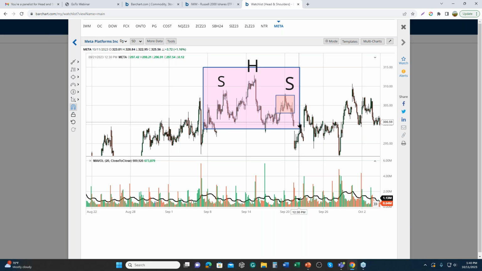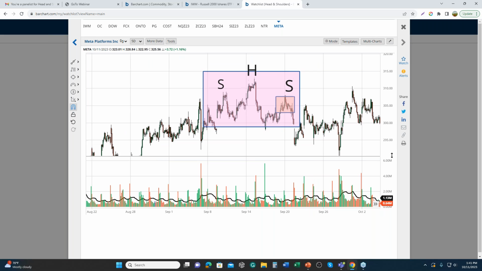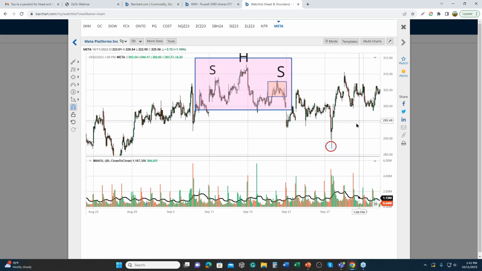Maybe we use the neckline as an entry, but here you can see price came back, tested the right shoulder, and then eventually price did reach our minimum price target.